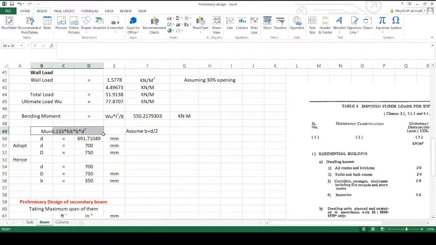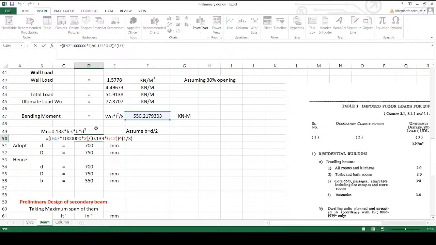Mu is equal to 0.133 fck b d square. Assume b is equal to D by 2, and using this formula you calculate d, that is Mu by 0.133 into fck, that is 25, and b is D by 2.